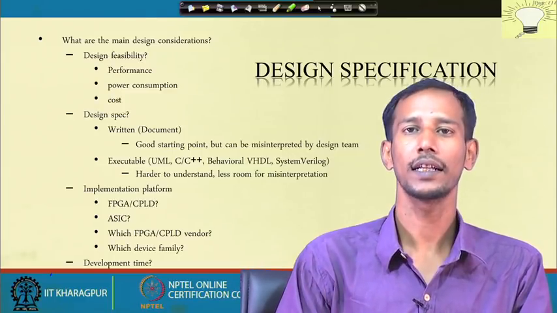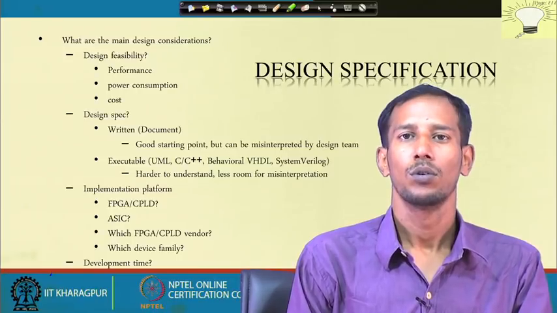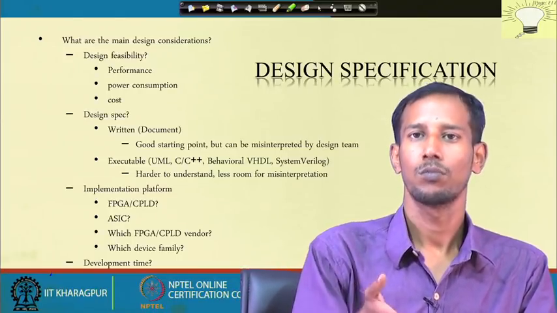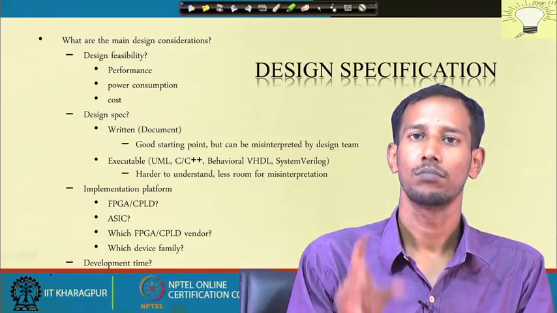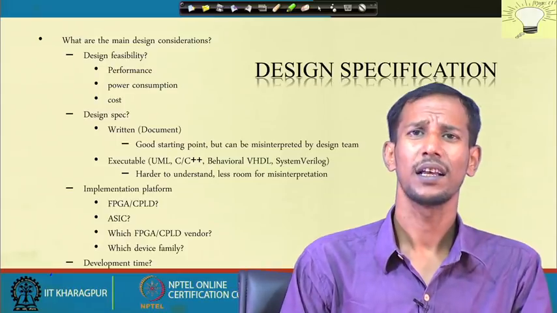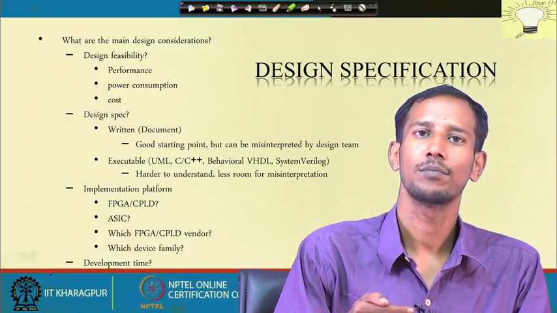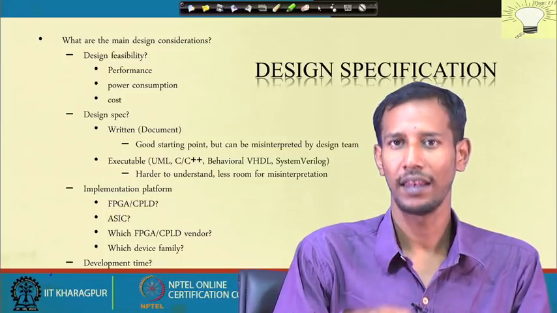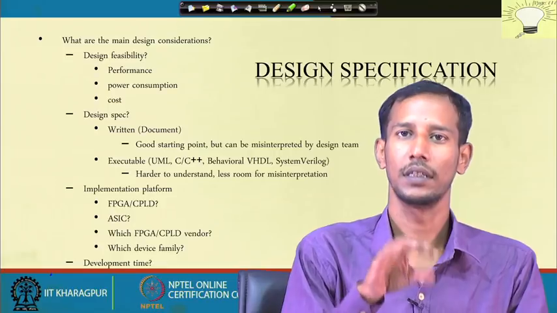Then we have to select the implementation platform. Implementation platform means which design style we will follow for implementing our design. Basically, people in the initial design phase validate their algorithm and the whole system in FPGA.